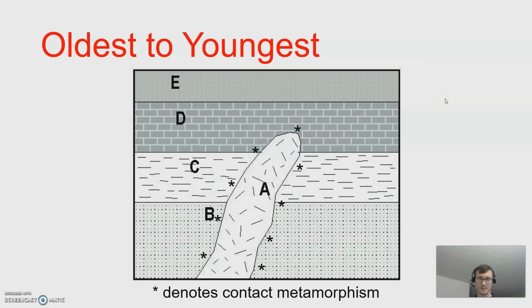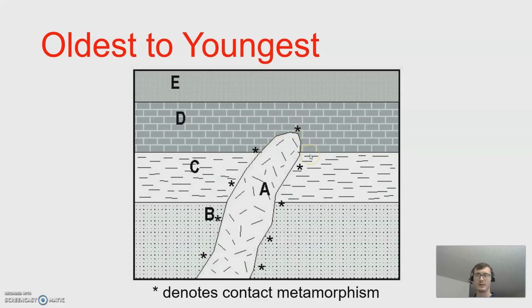Why couldn't it be that way? Contact metamorphism. So for D to have this metamorphism, it tells us that D was here first and then A intruded into it and cooked a little bit of D that it came into contact with.